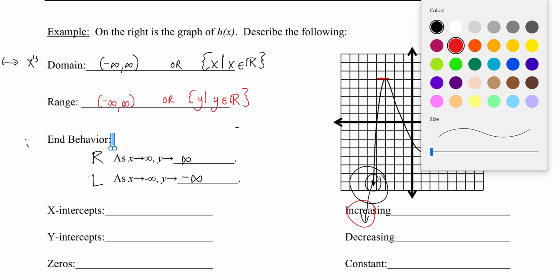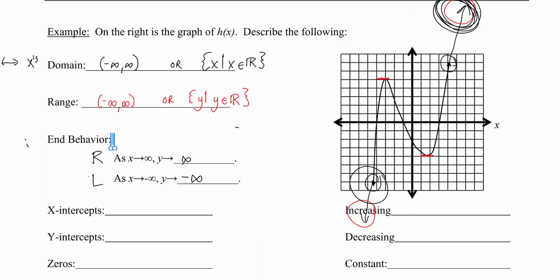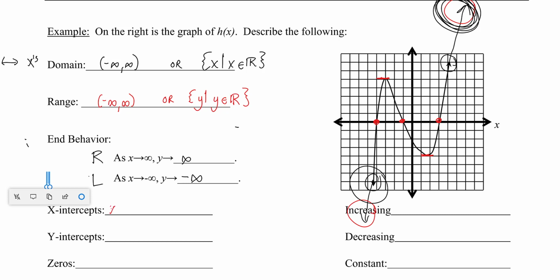We have to estimate on some of these. The x-intercept is where it touches or crosses the x-axis. So it has several. Here's an x-intercept. So all together it's got 3. One at -4, one at -1, and one at 3.